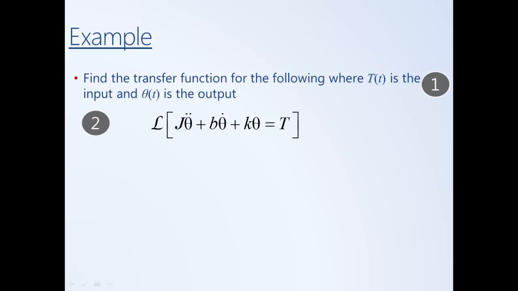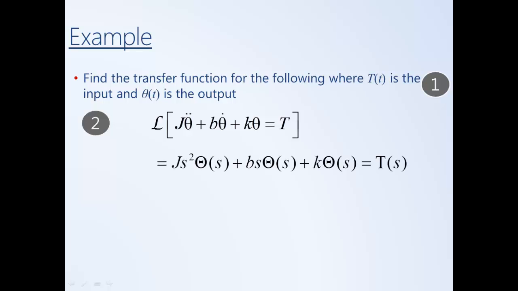The second step is to take the Laplace transform of the differential equation. Since we're assuming the initial conditions are 0, when we take the Laplace transform of theta double dot, we will just get s squared times theta of s. Our first derivative will become multiplication by s. The Laplace transform of theta will become theta of s, and the Laplace transform of T will become T of s.